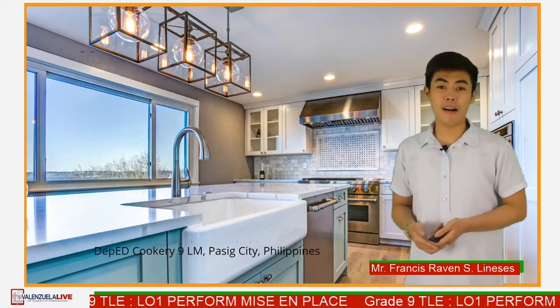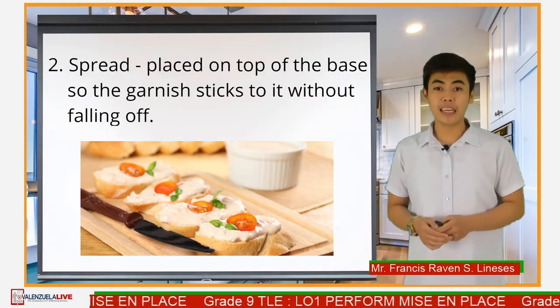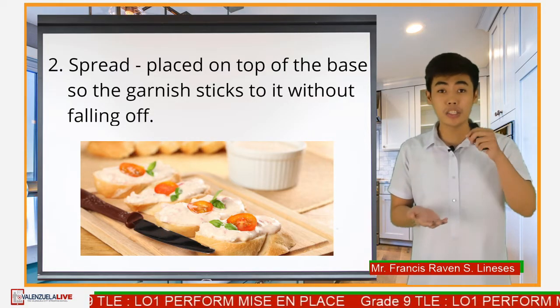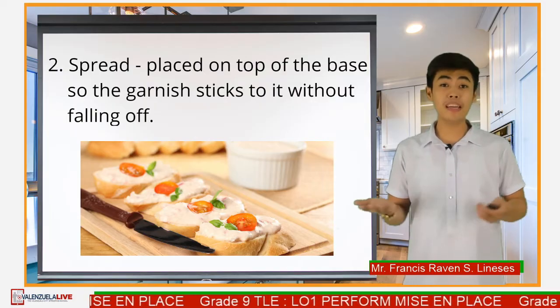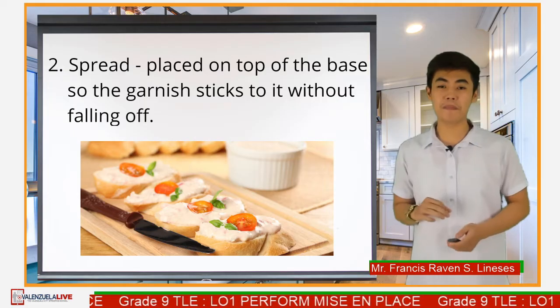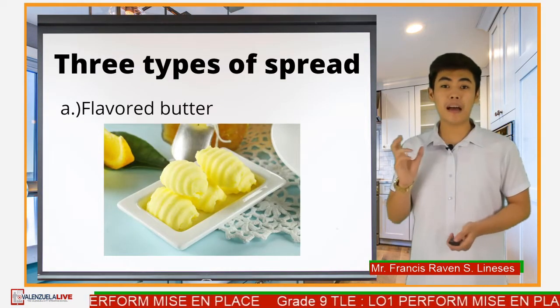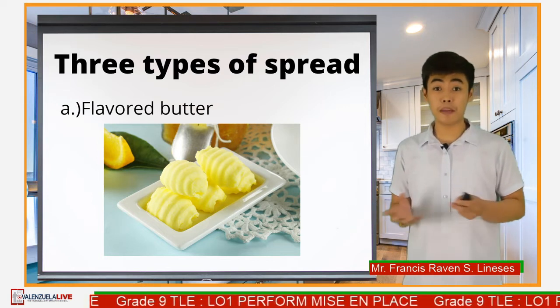The second part of the canapé is the spread. It is placed on top of the base so the garnish sticks to it without falling off. So here are the three types of spread. Letter A, we have the flavored butter, made from softened butter with flavorings.